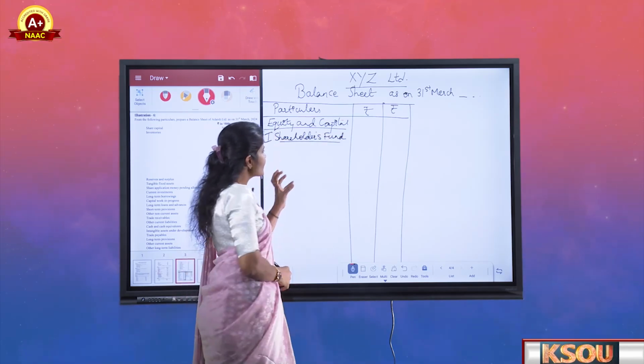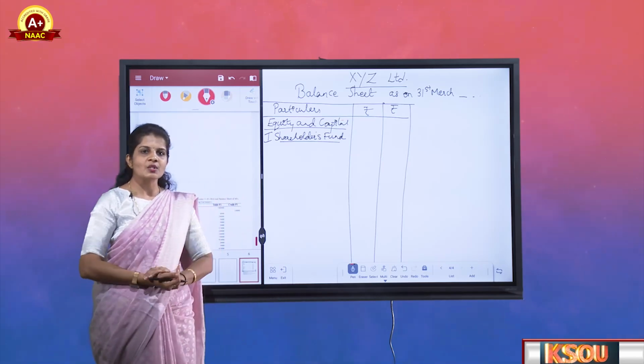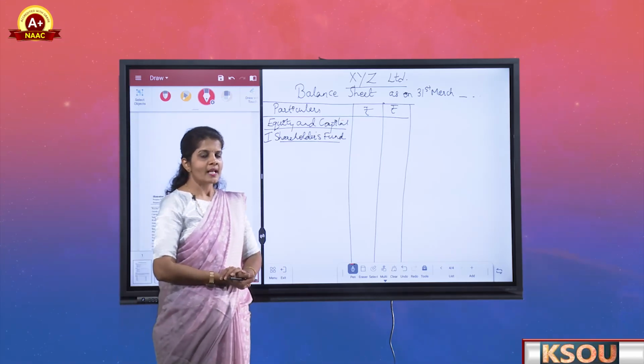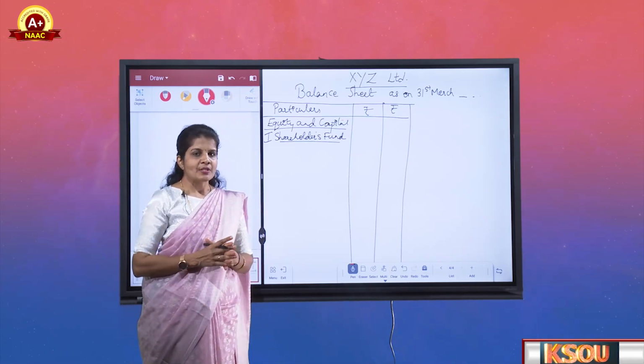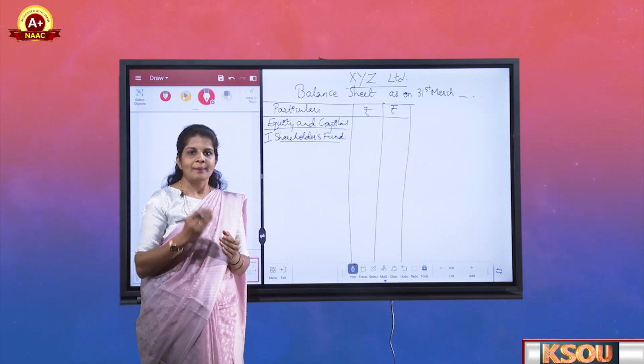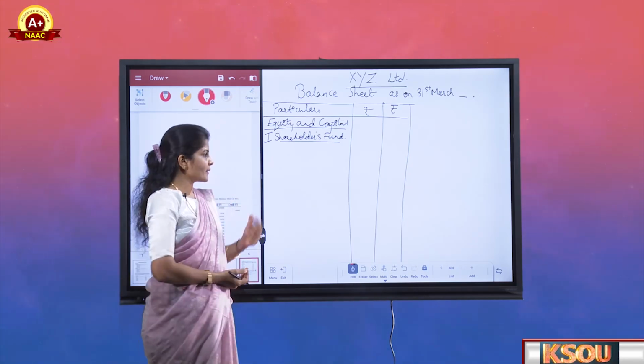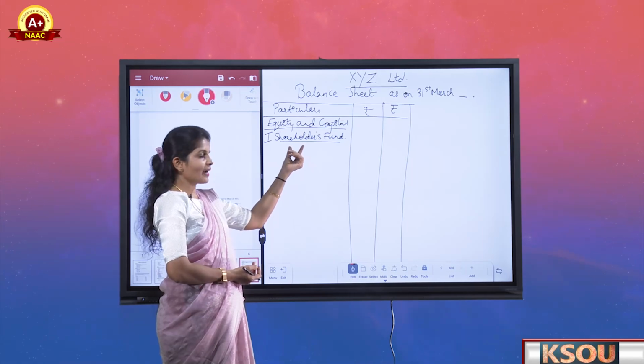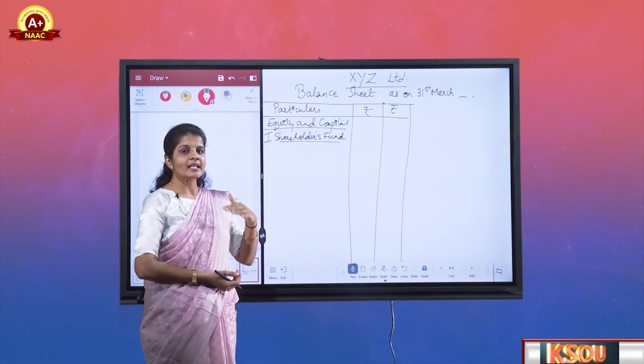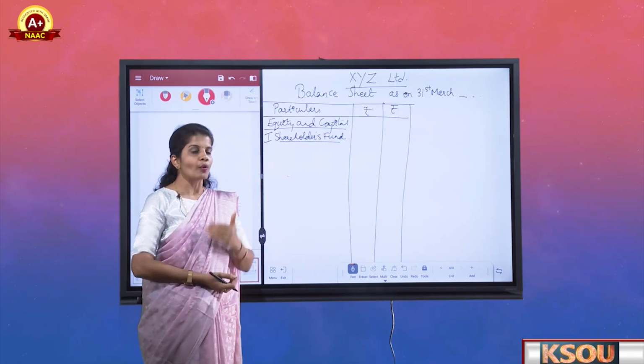Okay, what does this shareholders fund include? It includes the share capital. Share capital can be equity share capital, preference share capital, or any deferred capital, whatever capital they have raised by issuing shares to the public or to the owners.